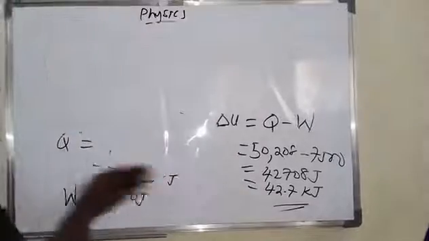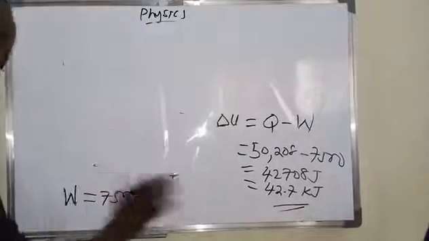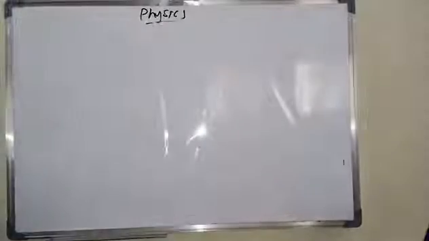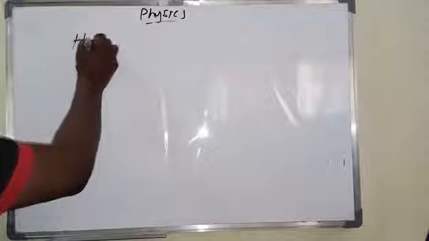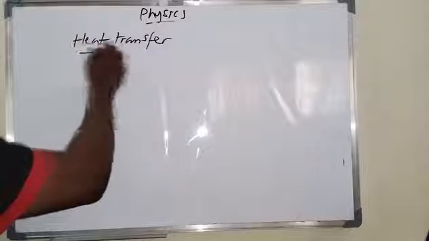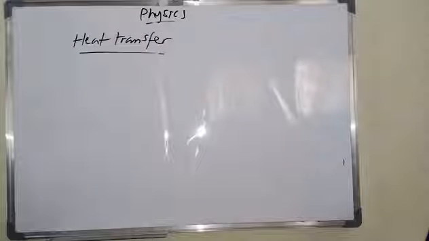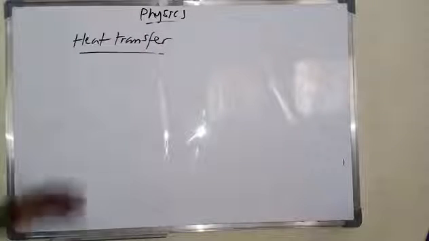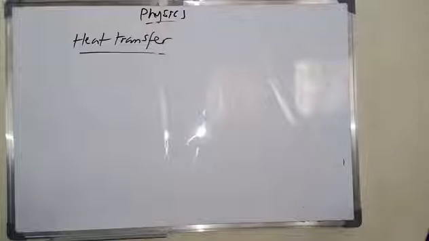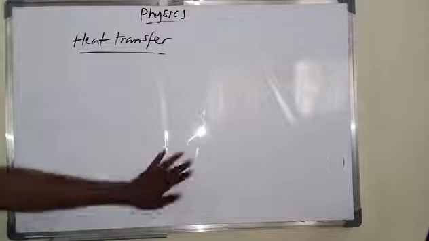So this is a case that has to do with heat transfer. There is a topic of physics that is about heat transfer, and it is as simple as the English: the movement of heat from one point to another is heat transfer.